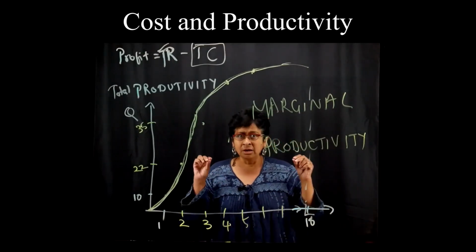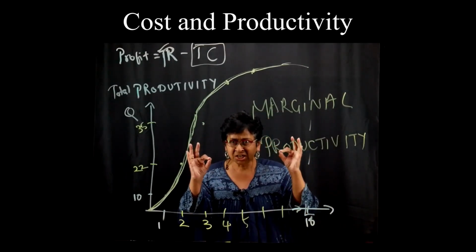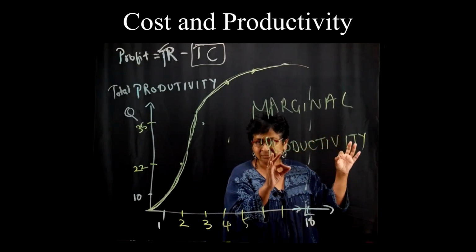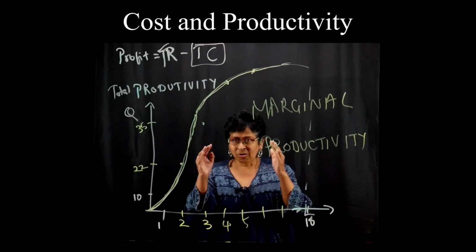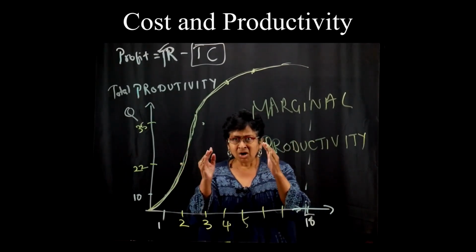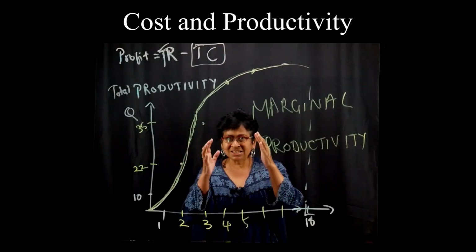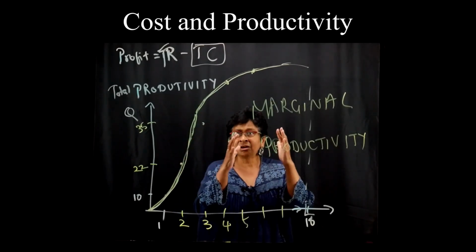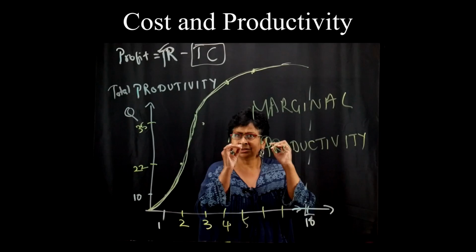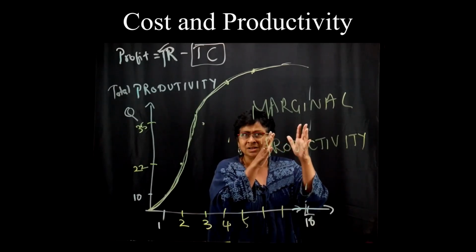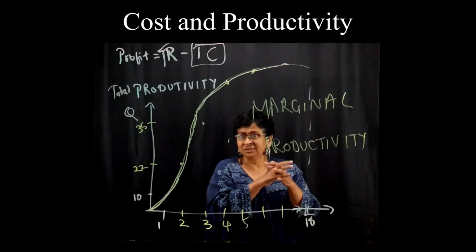And we're going to call this the law of diminishing marginal productivity. That additional workers add not quite as much, diminishing, not quite as much output compared to the previous workers, right?